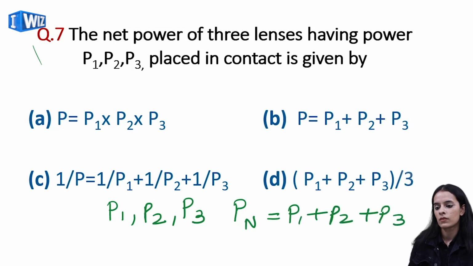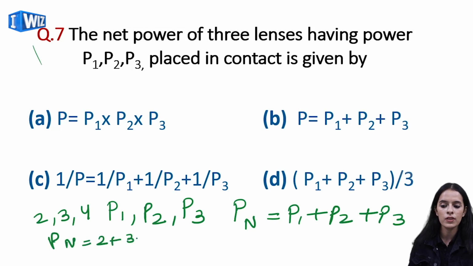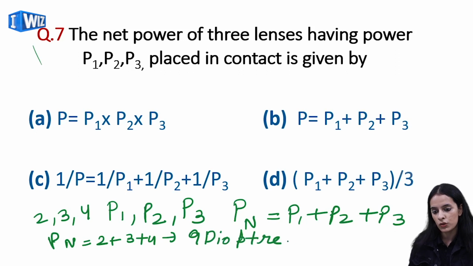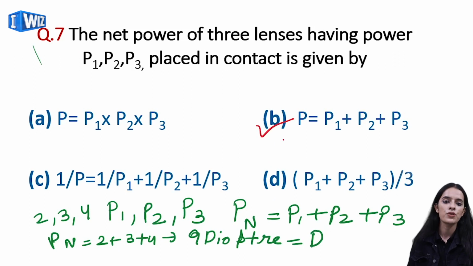Let's say the lenses have power 2, 3 and 4. So the net power will always be the sum, 2 plus 3 plus 4, that is 9, and the unit of power is diopter. Remember this as well, diopter, which is also denoted by capital D. So what is the right option from here? Option B. Okay, come to the next one.